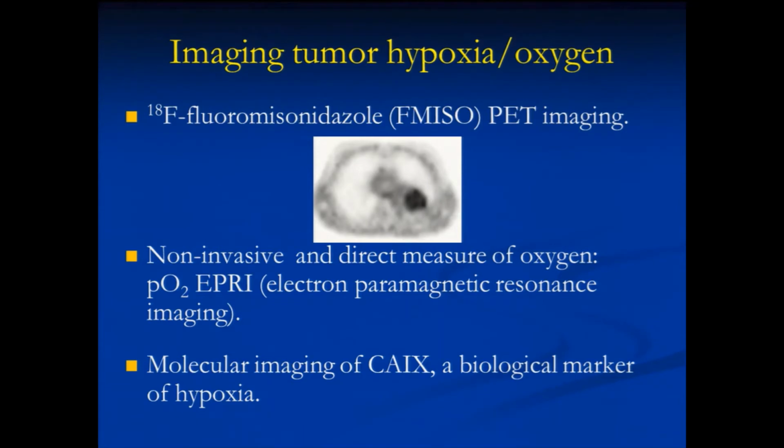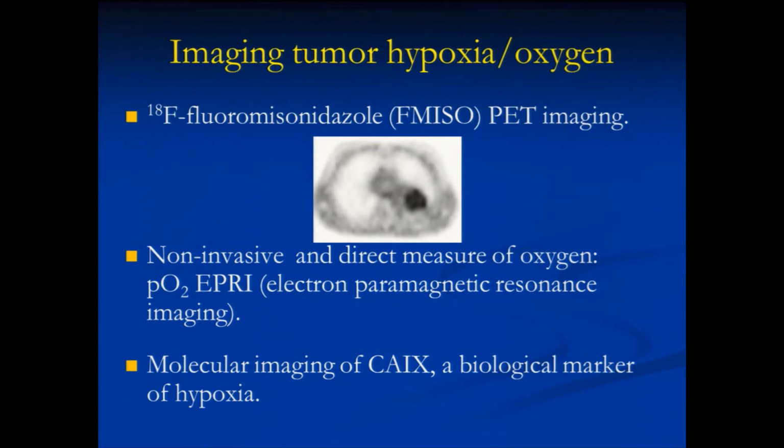So what are ways that people have gone about imaging tumor hypoxia and direct imaging of oxygen? F-MISO has been used for PET imaging, and this agent is deposited in regions of hypoxia, so it builds up in areas of hypoxia and can then be detected by PET imaging.